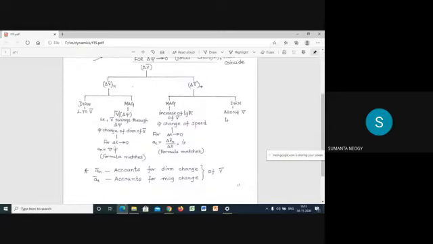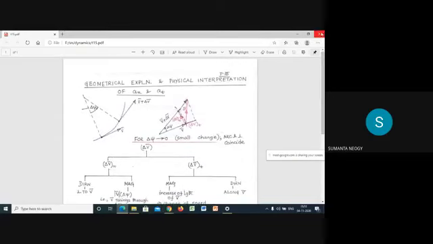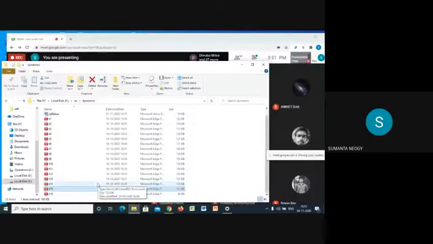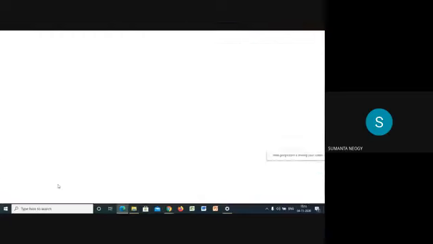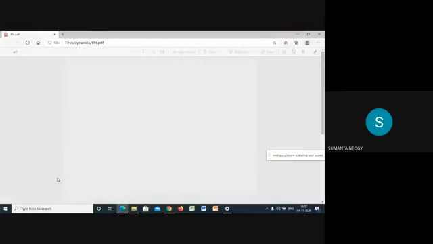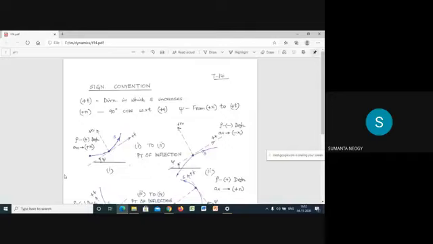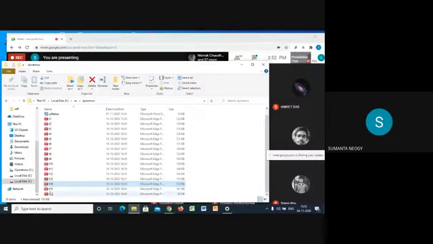Let's see, is this better? No, it is better to discuss T15 first, because T14 we will do right at the end, after T15.